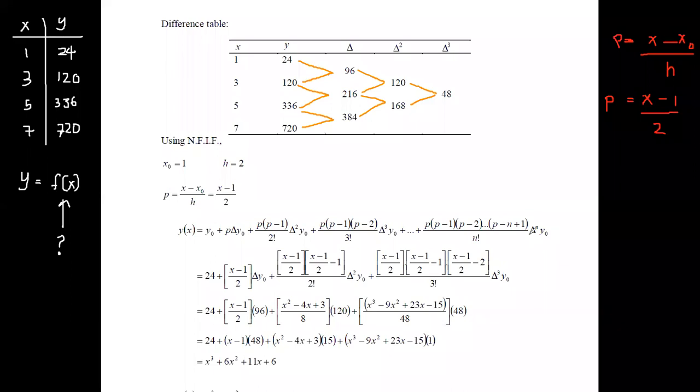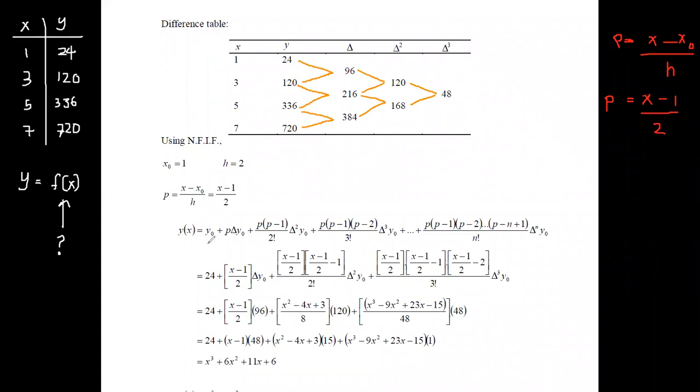Here we do not need to go up to the nth differencing, because the calculation ends with the third differencing. There are no values beyond the third differencing in our difference table. Therefore, we will do the substitution here.